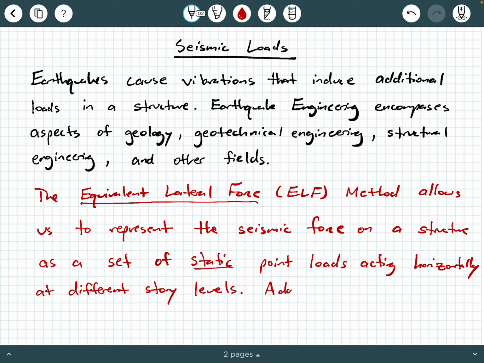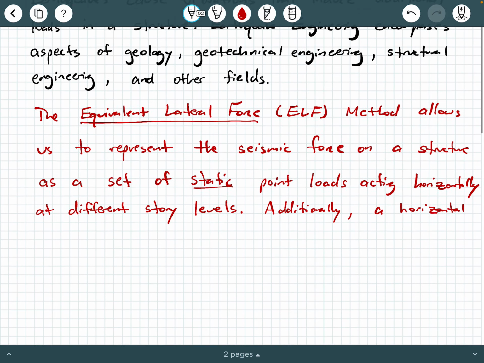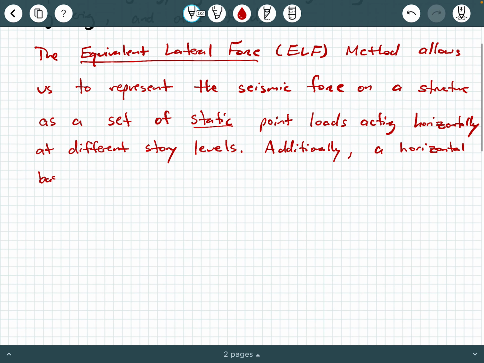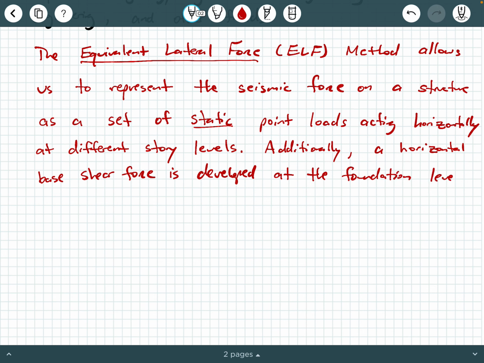Additionally, a horizontal base shear force is developed at the foundation level.